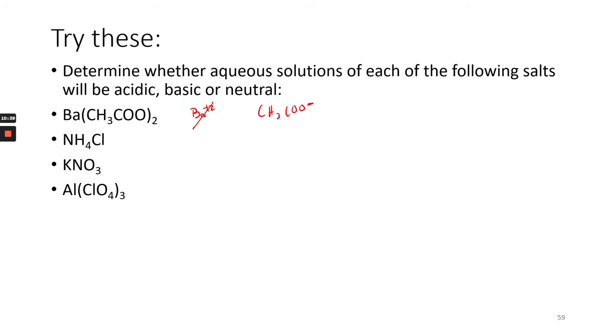But this here is acetate, and acetate is the conjugate base of acetic acid, which is a weak acid. So this is the conjugate base of a weak acid. And if you remember correctly, if your base is the conjugate base of a weak acid, then it will make the solution basic.